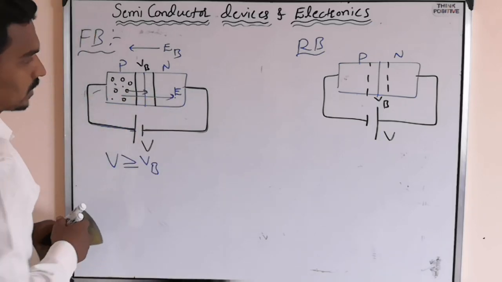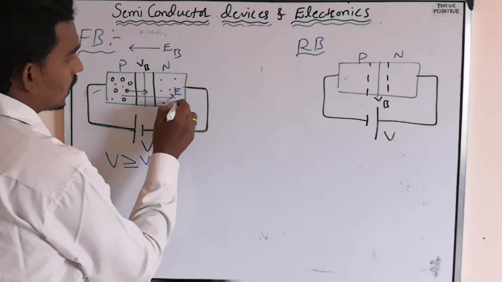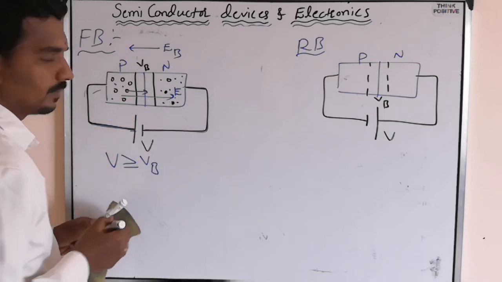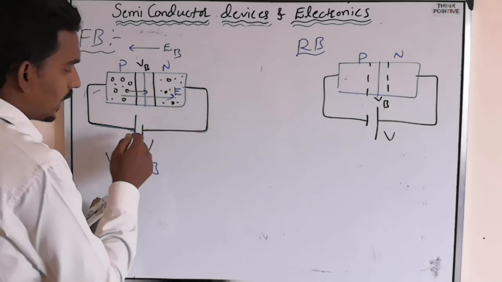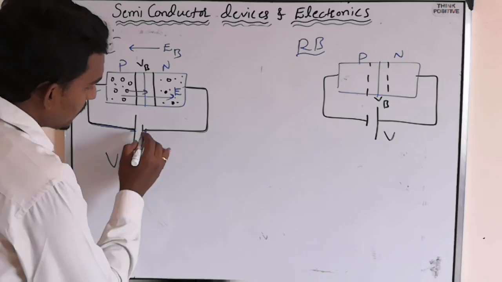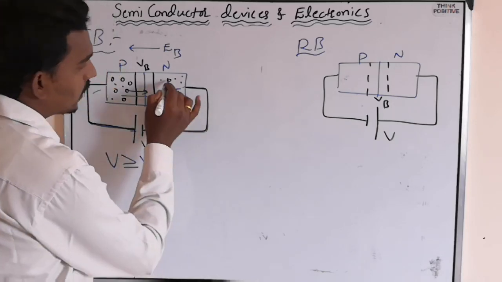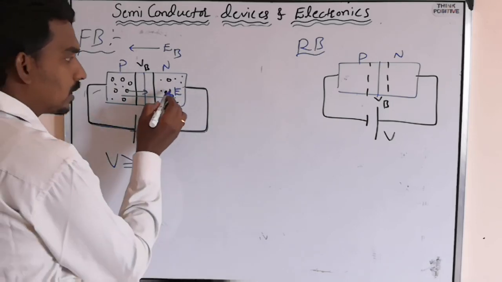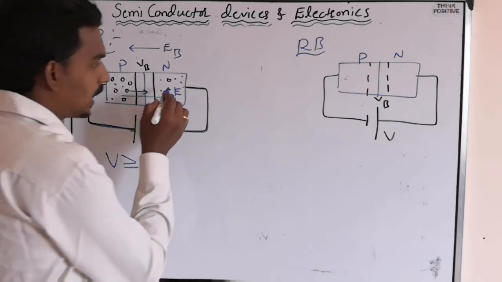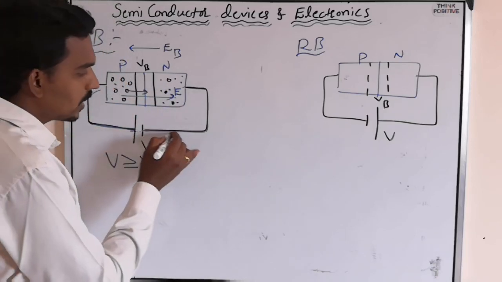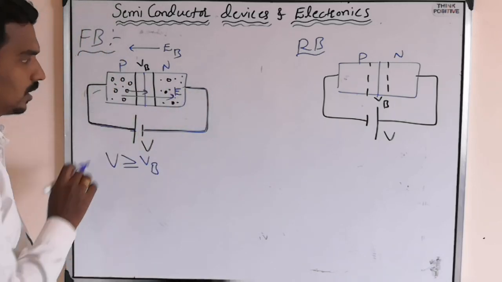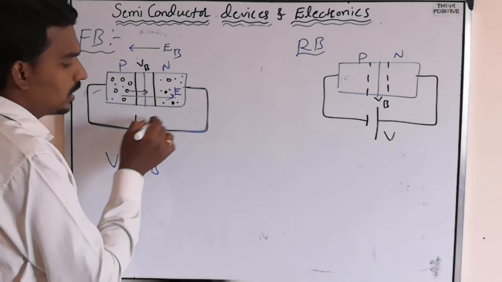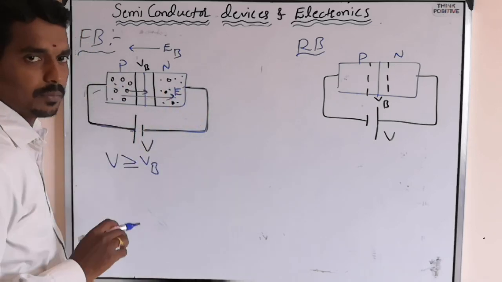In a similar way, on this side, electrons are there majorly and fewer holes are there, and you have connected it to the negative terminal. Now negative potential attracts positive, so holes are attracted, but these negatively charged electrons get repulsion from the negative terminal. So here positive holes get repulsion, here negative electrons get repulsion.